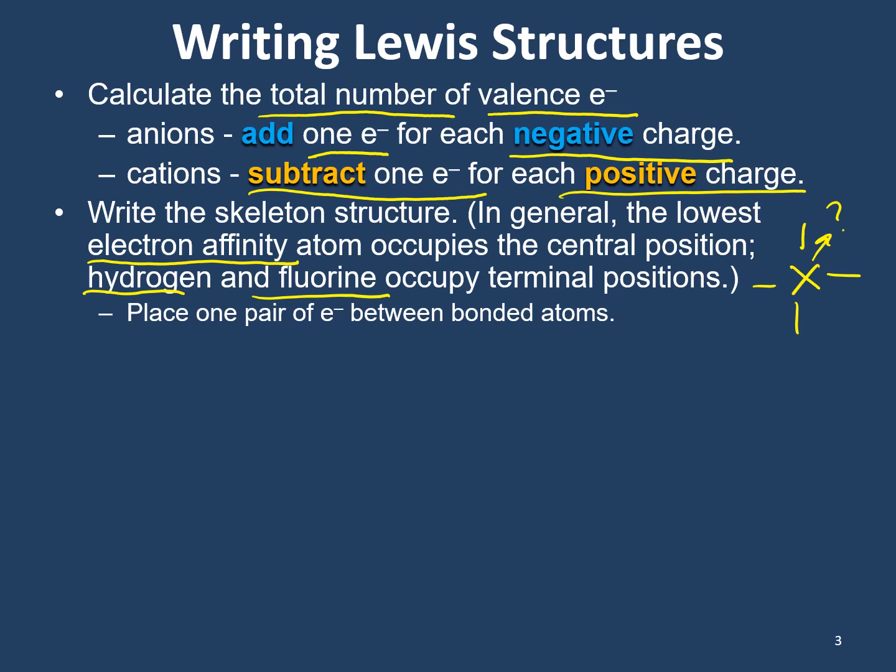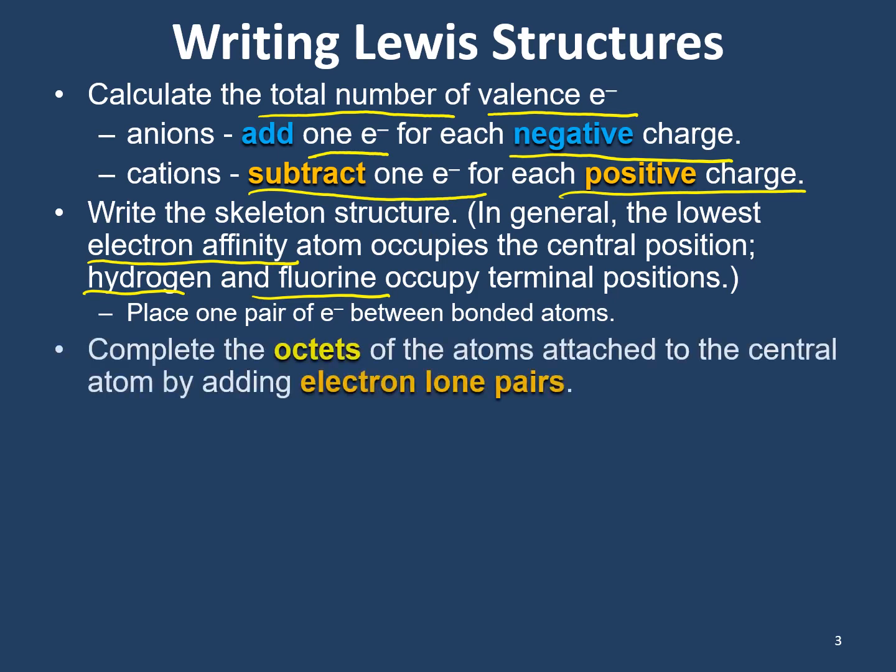So once we have our central atom chosen, we're going to attach each one of the terminal atoms to the central atom with a single bond, 1 pair of electrons. And that's going to build what we call the skeleton structure of our molecule, or our Lewis structure. I'll go through all this in depth on the next slide using examples.